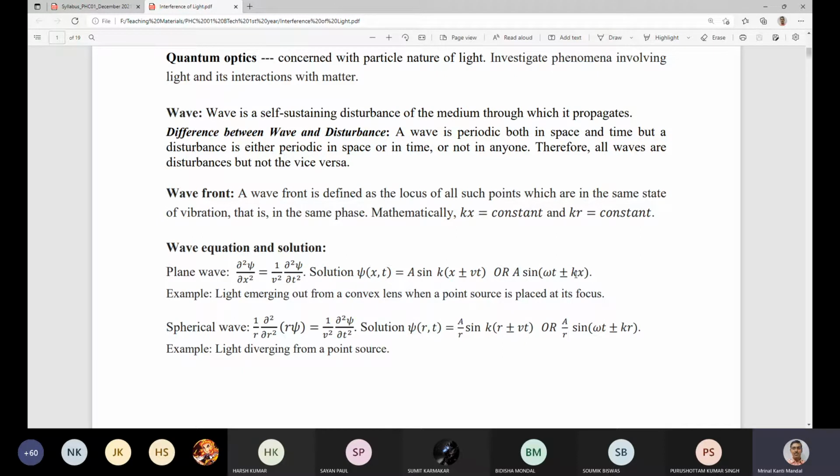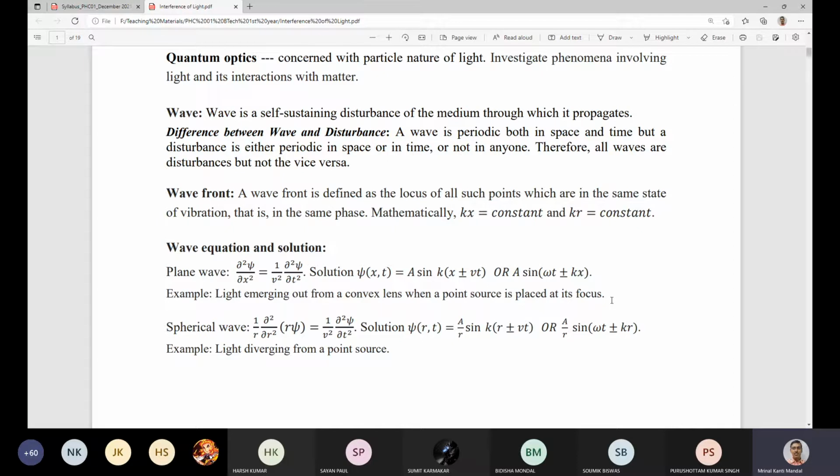So the example of a plane wave is light emerging out from a convex lens when a point source is placed at its focus. If you put a point light source at the focus of a convex lens, then the wave coming out from the lens is a plane wave.